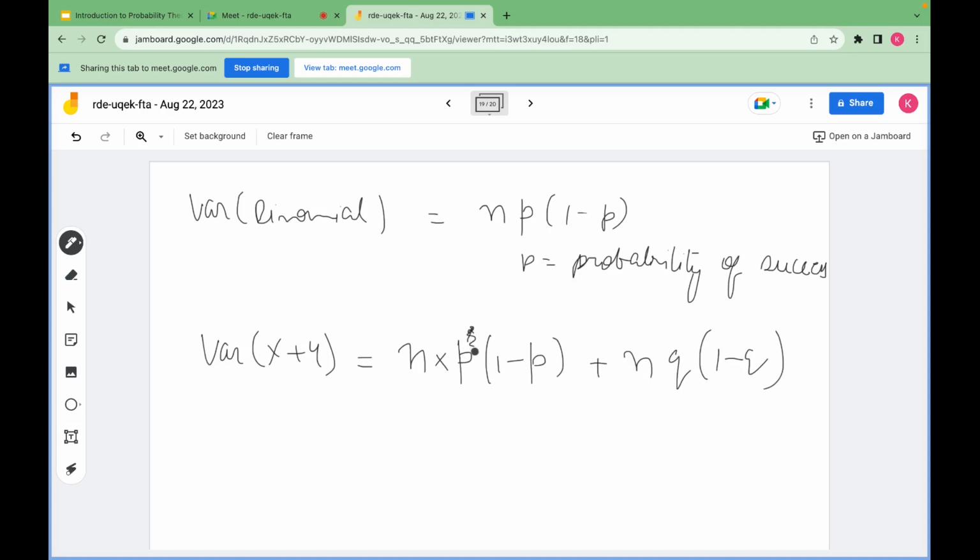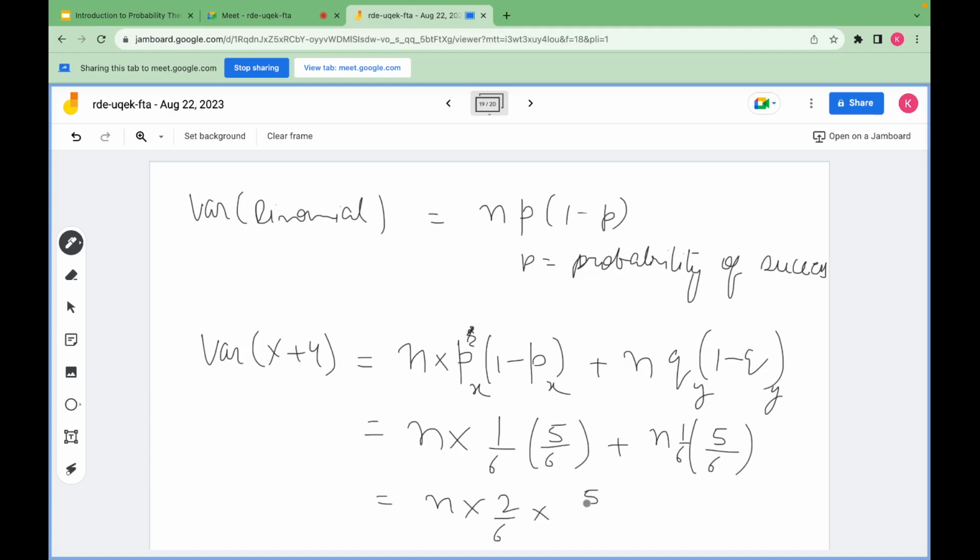This is for x, this is for y. So this is n into 1 by 6 into 5 by 6 plus n into 1 by 6 into 5 by 6. So this will be n into 2 by 6 into 5 by 6.